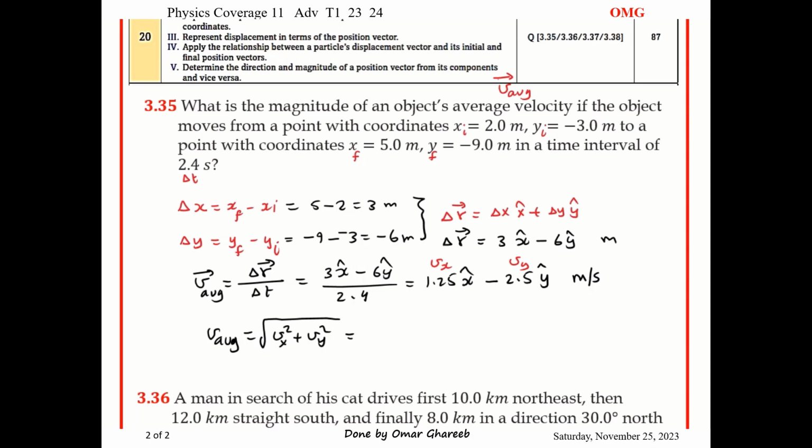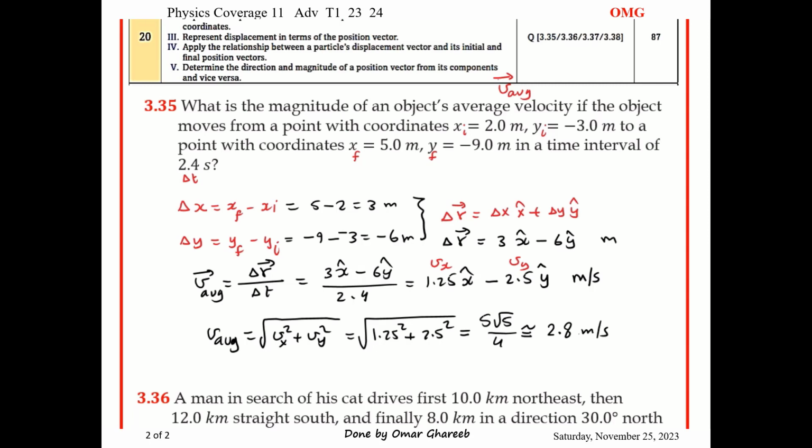So v average is square root of 1.25 squared plus 2.5 squared. The answer should be 5 square root of 5 over 4. It is approximately 2.8 meter per second.